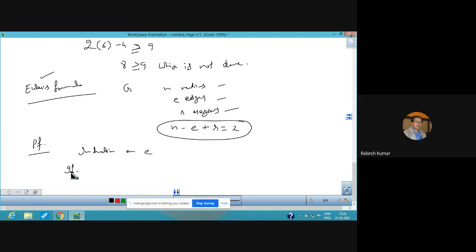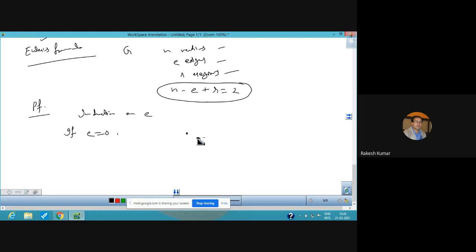So if E is 0, meaning no edge, then G must have one vertex. Just see, this is the figure for the graph. That is the isolated vertex, and the vertex is named V1. So there is no edge in this graph. This is graph A. So E is 0, then G must have one vertex.